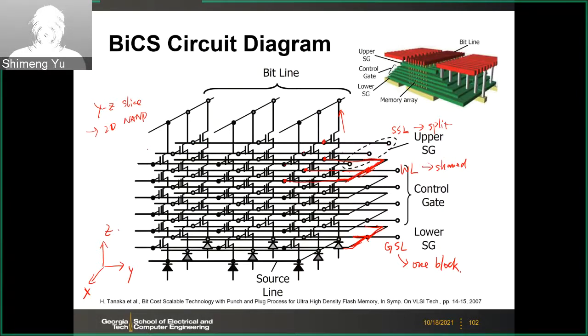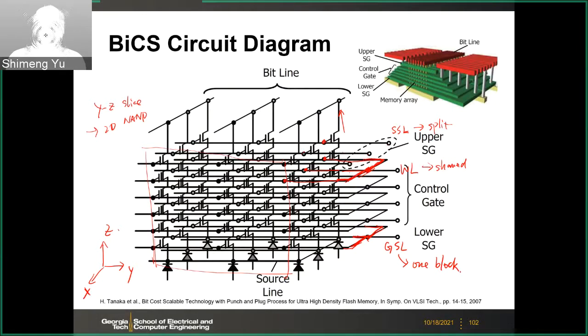So if you look at the very outside, this vertical slice on the YZ plane is the same as the 2D NAND flash. You have many of them, of course, tilted by 90 degrees.